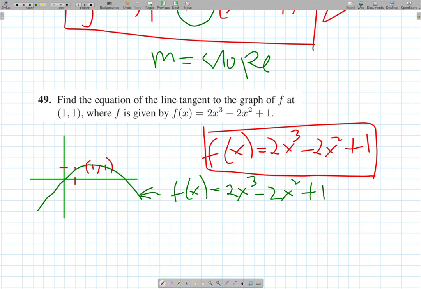So, nakatangent siya, class, ang line natin sa point 1, 1, no? So, let's say, draw tayo ng tangent line. Example lang, tangent line.